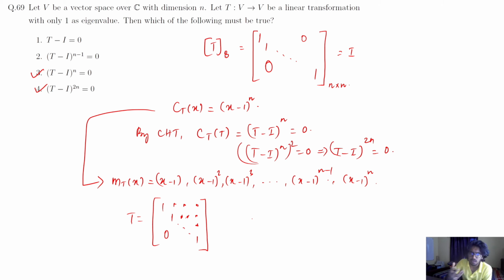You can pick a matrix of any arbitrary order. You just give a try. This would give you that (T − I)^n is 0, but (T − I)^k is 0 for k bigger than or equal to n, and is not equal to 0 for k smaller than n. This is going to happen, right?